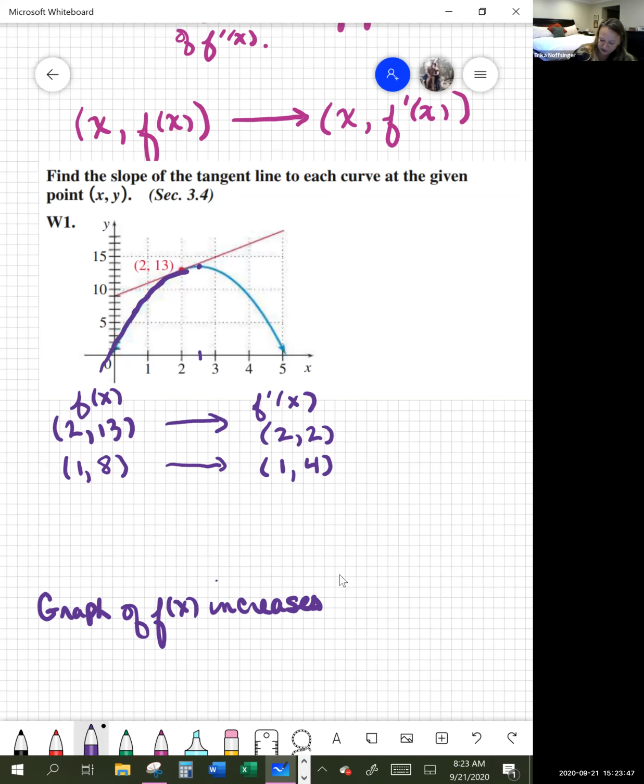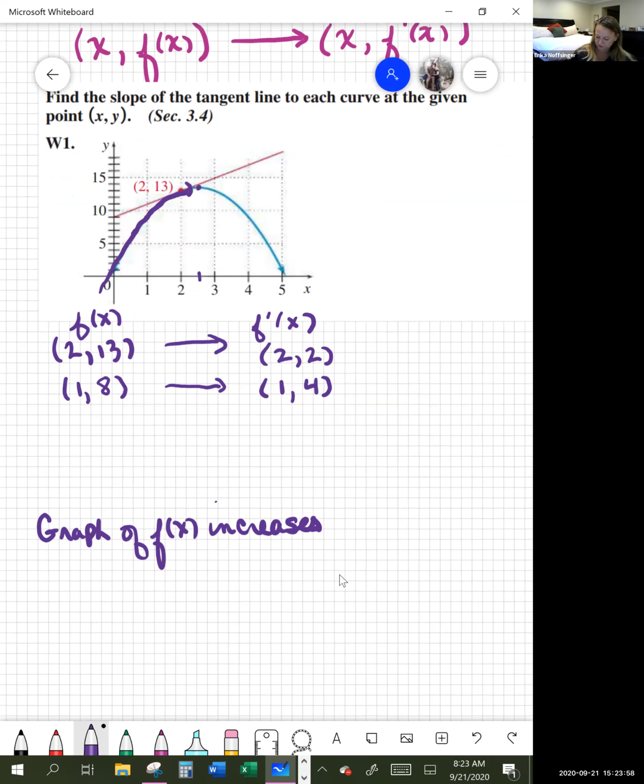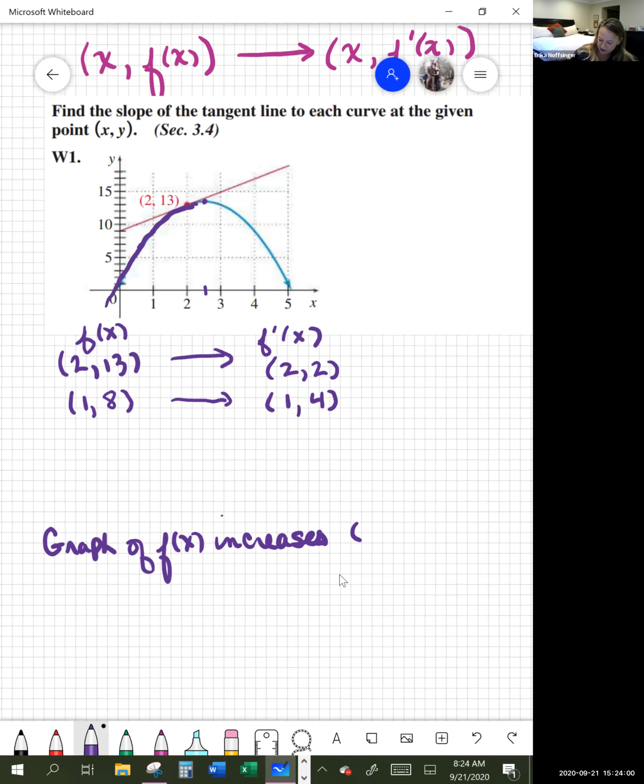It's increasing, increasing, and increasing until we get to the x value of 2.5. So from negative infinity to 2.5, I know f prime of x is above the x-axis.